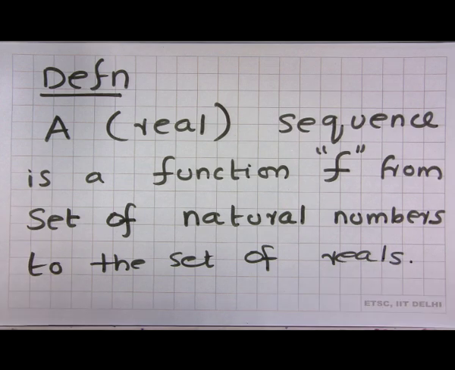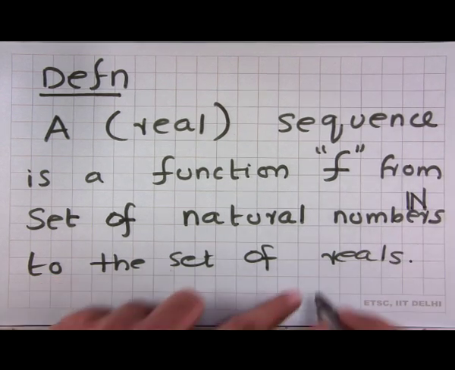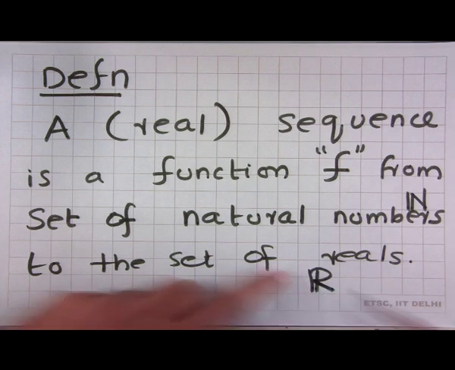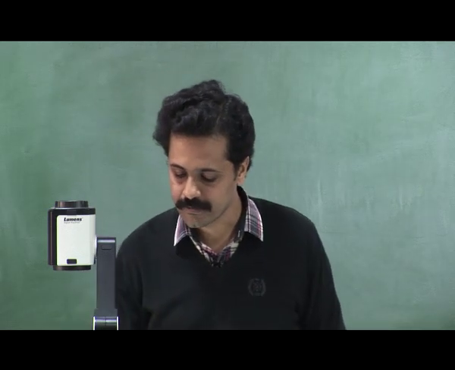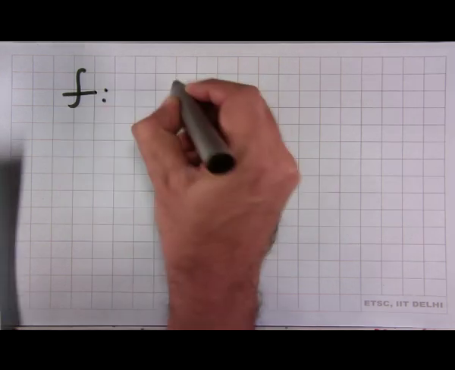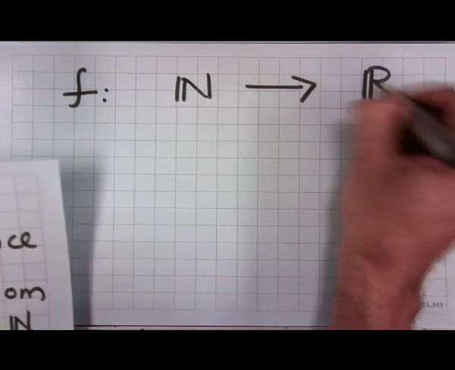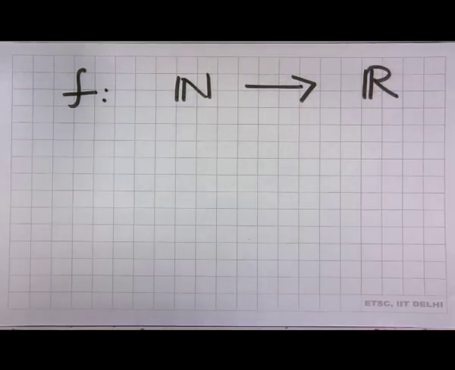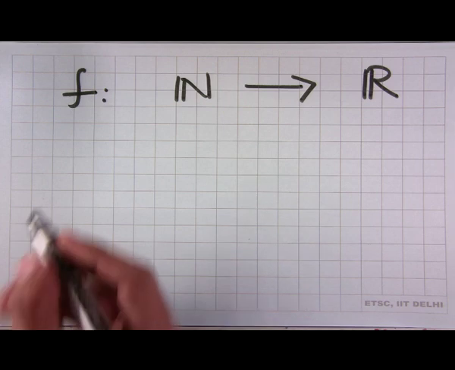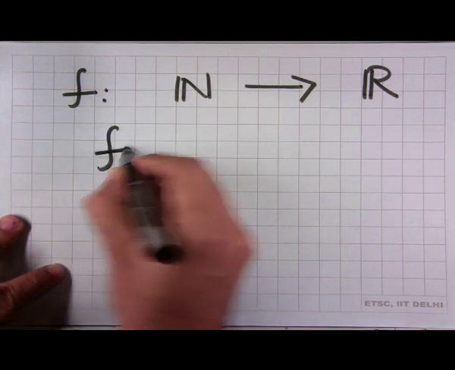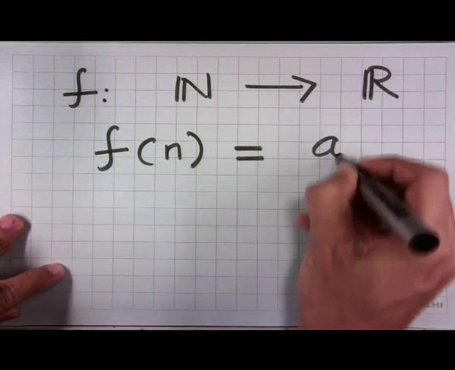If we designate the set of natural numbers by N and the set of reals by R, a sequence is a function f from N to R. More precisely, a real sequence is a function from N to R. F of n is what we write as a n.